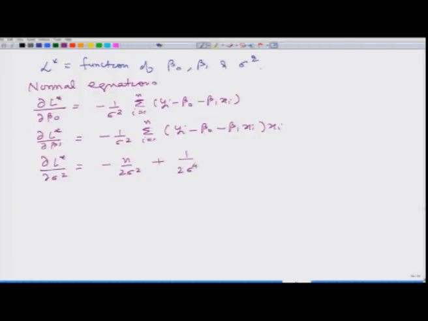So, this will become 1 upon 2 sigma raised to the power of 4, summation i goes from 1 to n (y_i minus beta 0 minus beta 1 x_i) whole square, right.